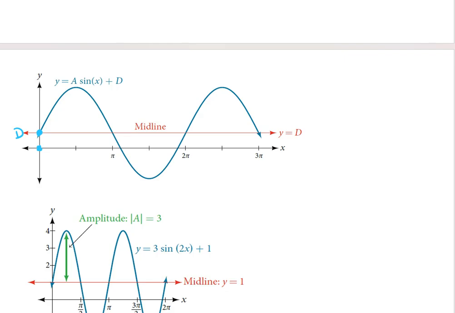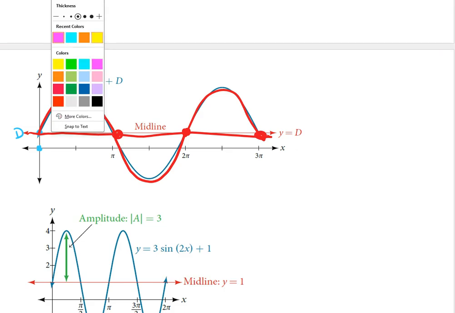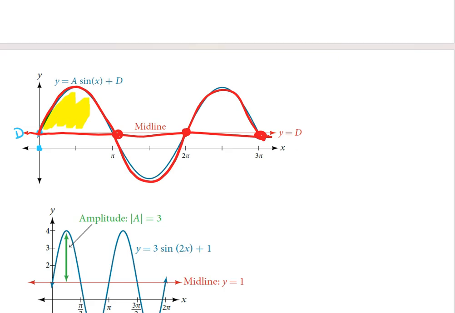And now your midline, which is the red line, is the line that the curve goes up and then intersects, goes below it, comes back up, intersects it, goes up and comes back down and touches it. And these are all the exact same shapes. This hill and that hill, they all match. So they're midway, right in the middle. They call it the midline.